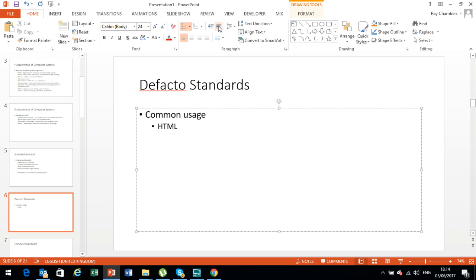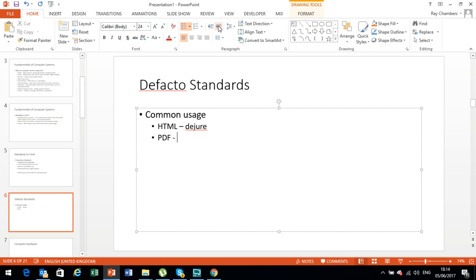It originally started as a de facto standard, and as it gained popularity, it became de jure, which means that everybody's using it. The same with PDF. PDF was originally a proprietary standard, but then it's moved to a point where everybody's using it.